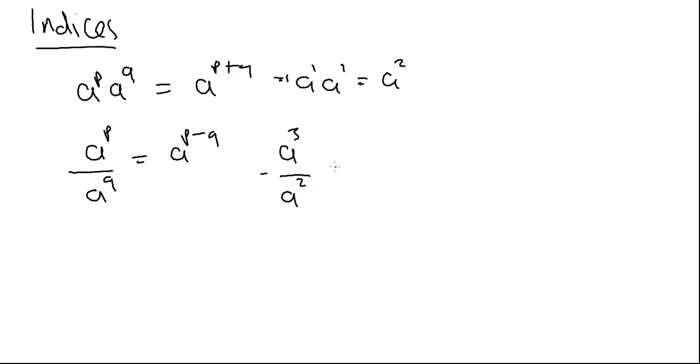Well, that's going to equal a. So is that what this relationship says? Well, it's a to the power of p minus q, so this identity tells us that the answer should be a to the power of 3 minus 2, which is a.